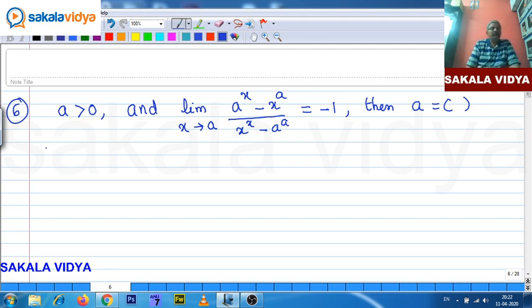The first option is 0, second option is 1, third option is e, fourth option is 2e. This is the question.